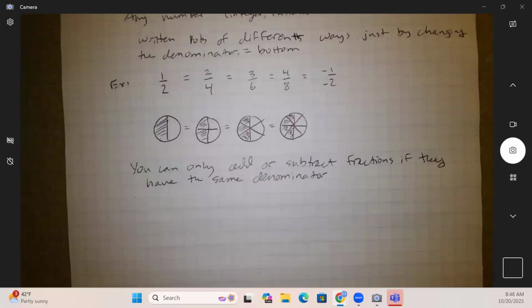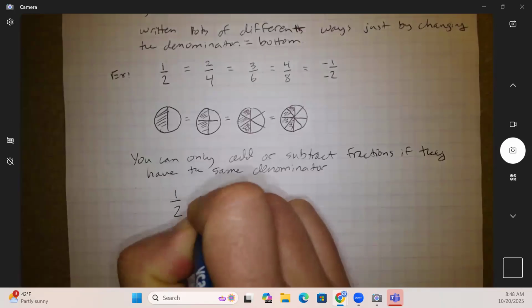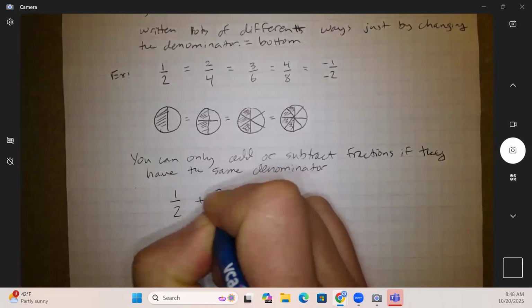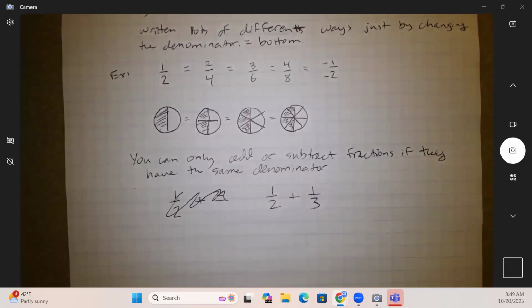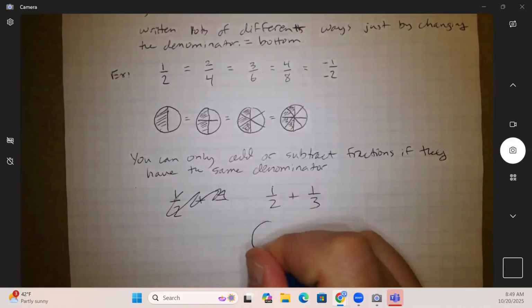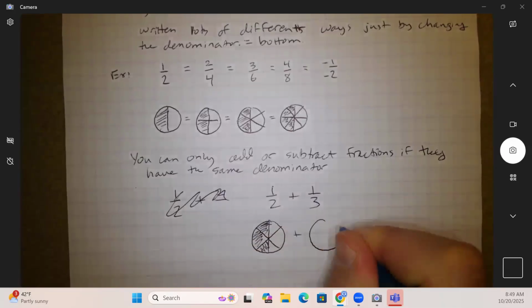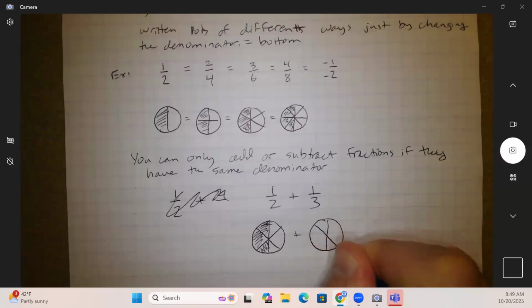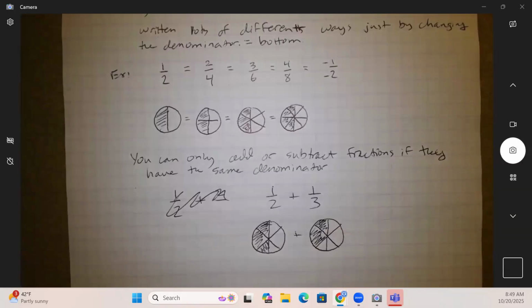And we'll come back to this in a later section. But if I tried to add 1/2 and, I don't want to do that one, let's just do 1/2 and 1/3. They don't have the same denominator, so I can't add them. So 1/2 equals 3/6, and 1/3 equals 2/6.